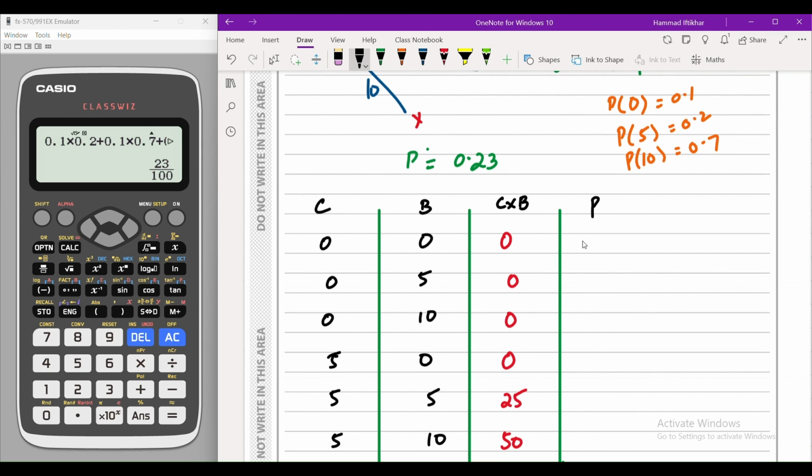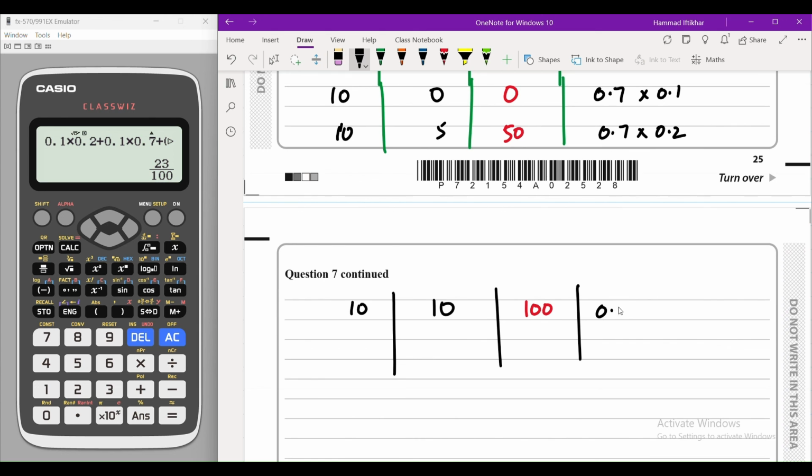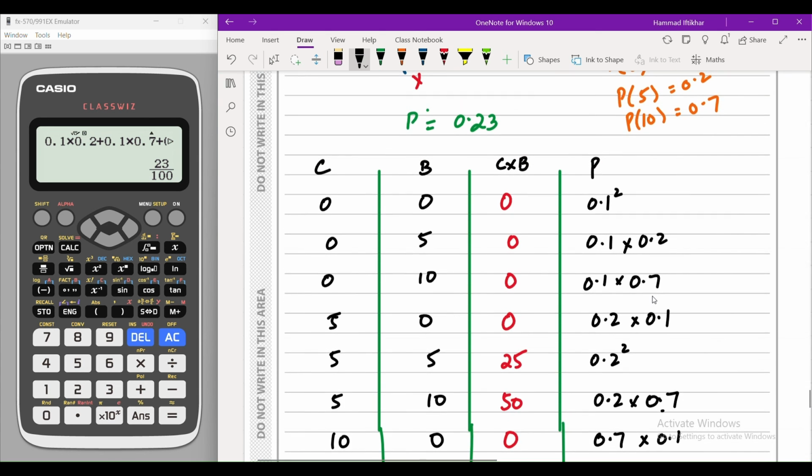So 0.1 squared, 0.1 times 0.2, 0.1 times 0.7, 0.2 times 0.1, 0.2 squared, 0.2 times 0.7, 0.7 times 0.1, 0.7 times 0.2, and finally 0.7 squared.